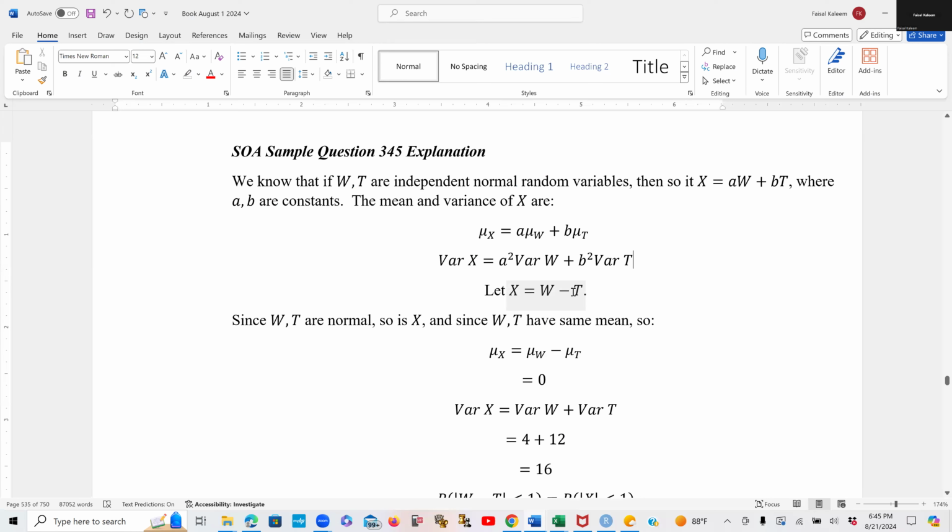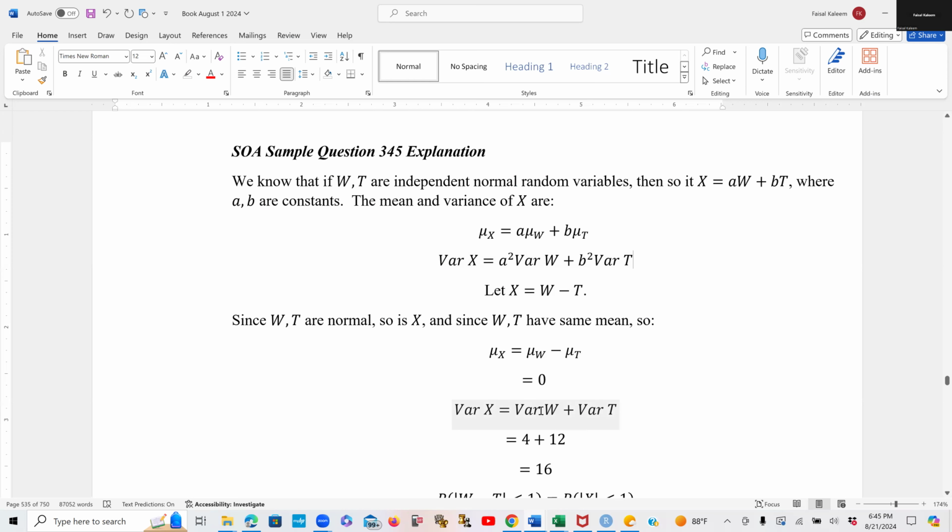B is the coefficient of the other variable. So our formula is telling us that you square the coefficients. So A square is 1, and B square will also be 1 because the square of -1 is 1. And so this part will also be 1. So we end up having variance of X equals variance of W plus variance of T.